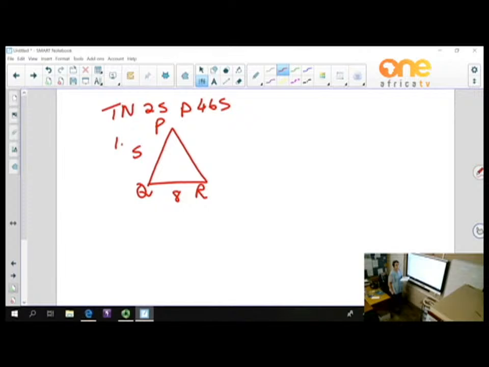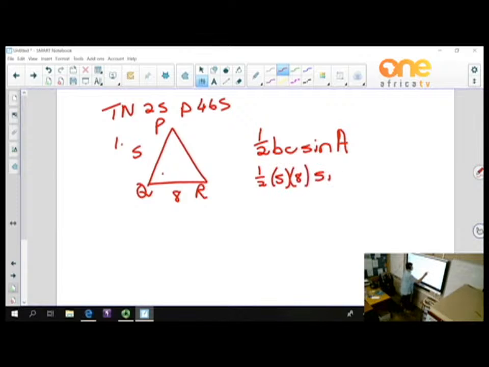And now they gave us the area is 19 square centimeters, and we have to calculate Q. So it will still be a half of bc sine A. So now it will be a half of 5 times 8 times sine Q. This is what we want to calculate. And we have the area to be 19 square centimeters. You have that area, so you equate it to that one there.